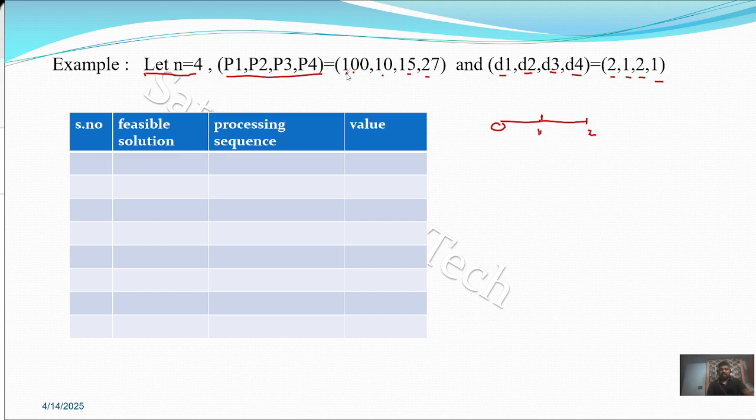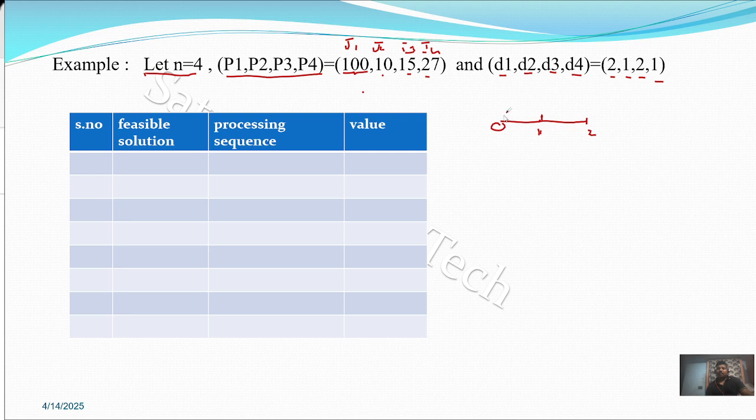By seeing this problem, what is the maximum profit? If you complete job 1, you get the maximum profit. This is job 1, here job 2, here job 3 and here job 4. The deadline of job 1 is 2, so you can take either 0 to 1 or 1 to 2, and the job is completed within the deadline.